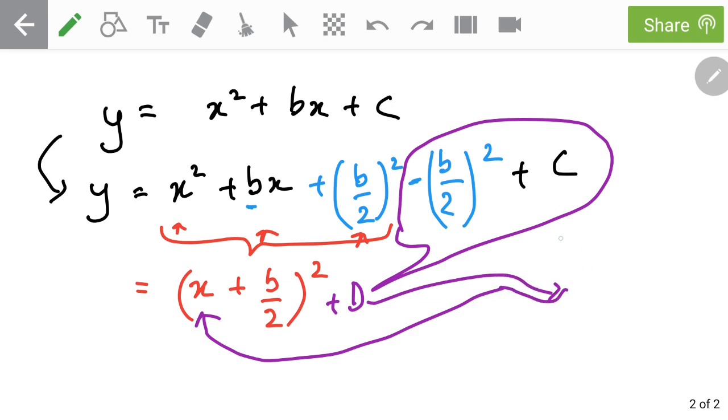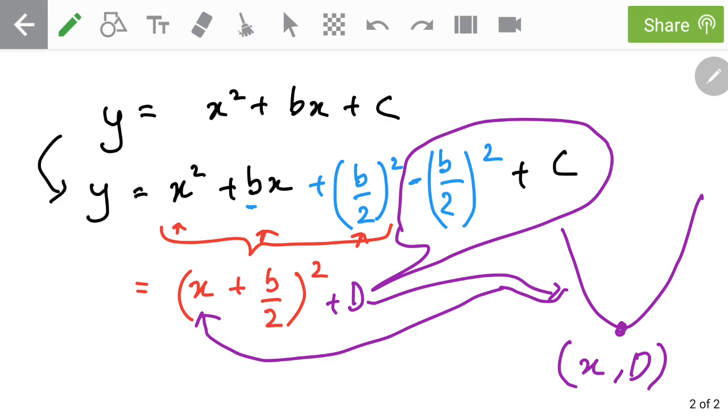Say that I'm going to give you an imaginary graph, and this is the minimum point. Therefore, your x is going to be the x coordinate, and the d is going to be the y coordinate, if this is a minimum point.